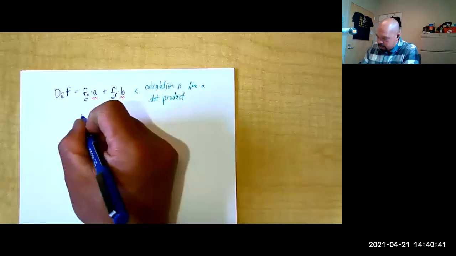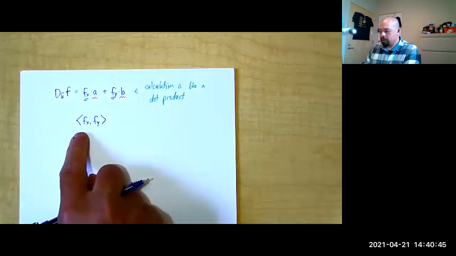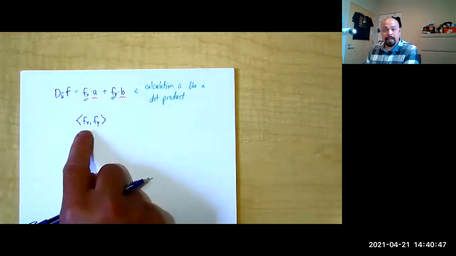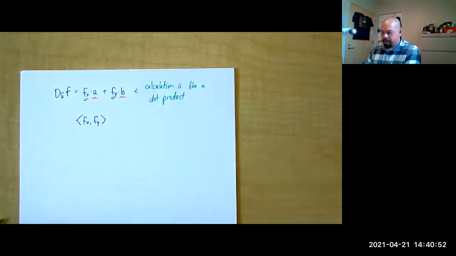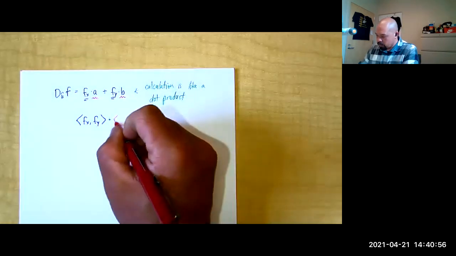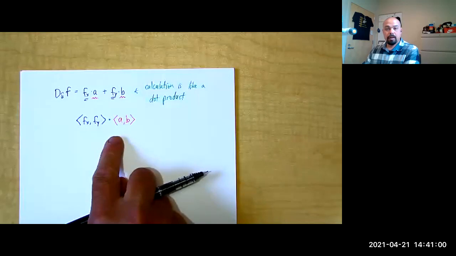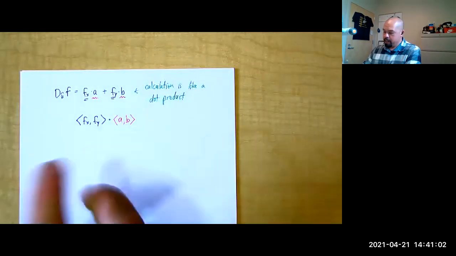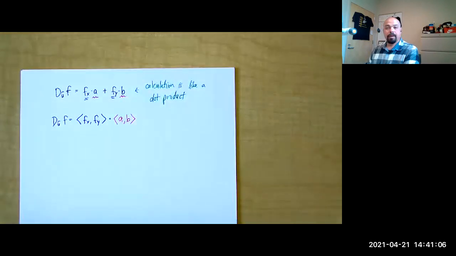So if we consider those partials, f sub x, f sub y, the partial with respect to x, partial with respect to y, as a vector, we could dot it with a unit direction vector AB. That would be equivalent.